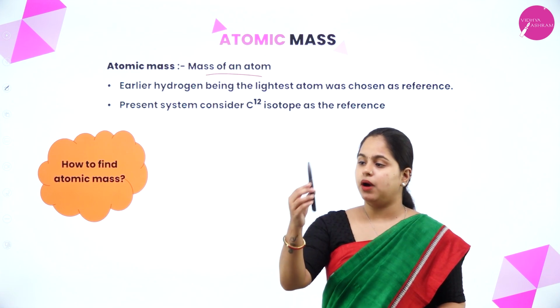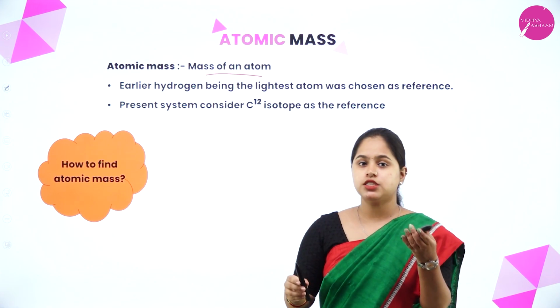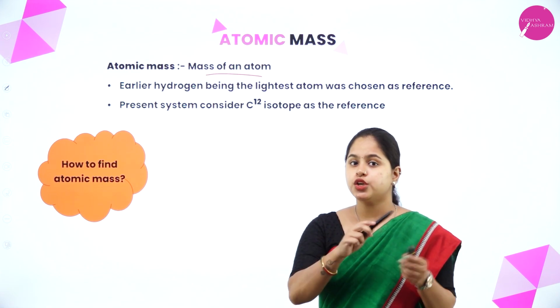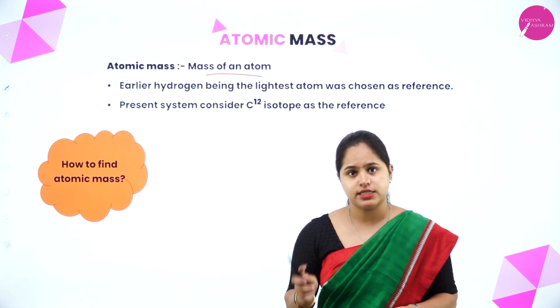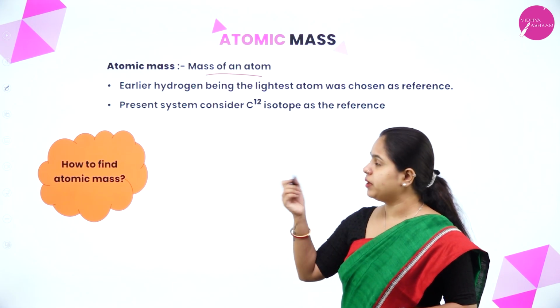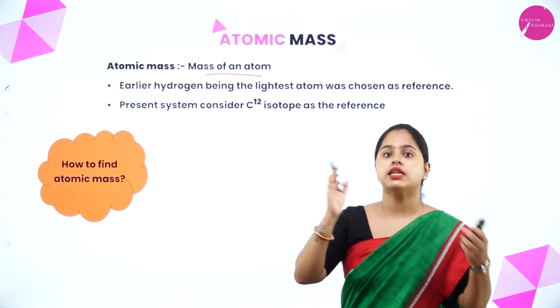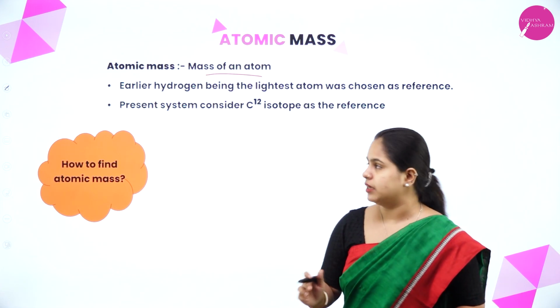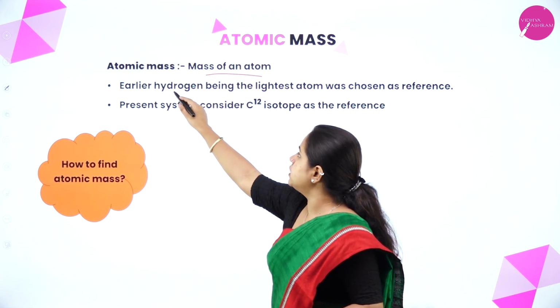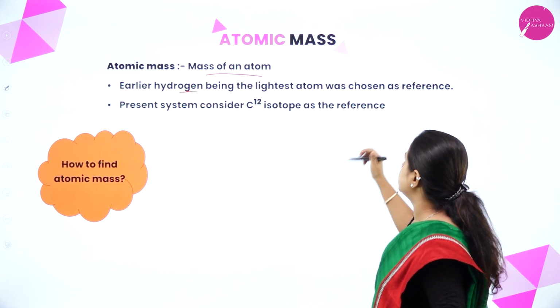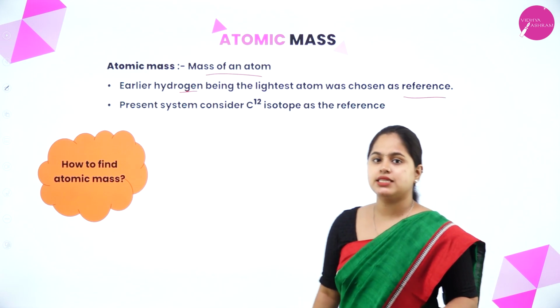Relating to the mass of the pen, the mass of this is more. Same way, to find out the mass of your atom, it was related with some other element. Earlier, hydrogen, being the lightest atom, was chosen as a reference.